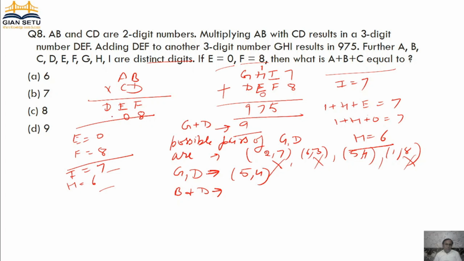Again, when we multiply B and D, we get F is 8 and E is 0, and D we need to find. Now when we multiply B and D, we get F, which is 8.